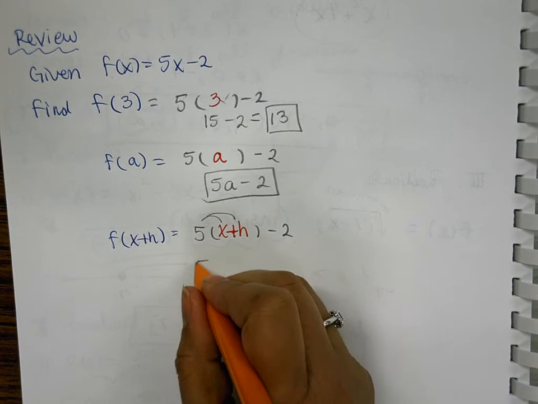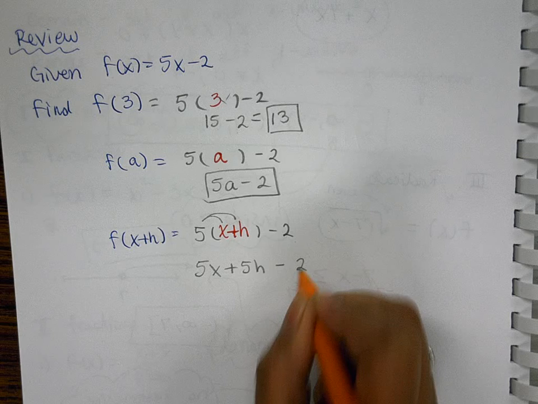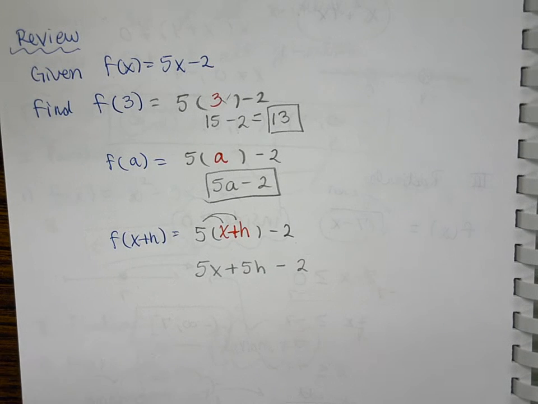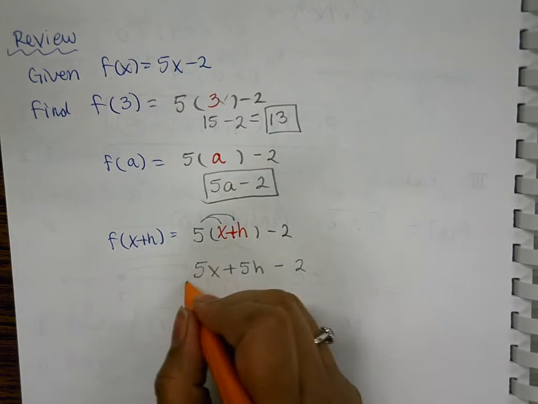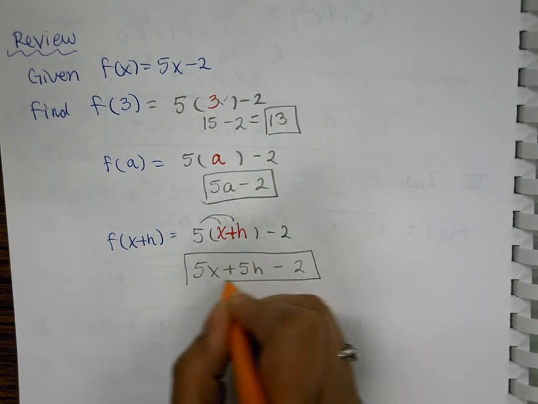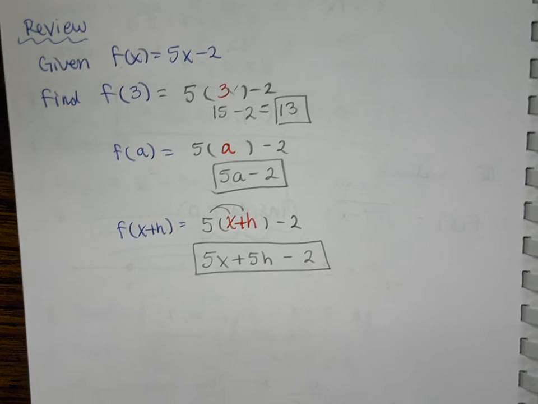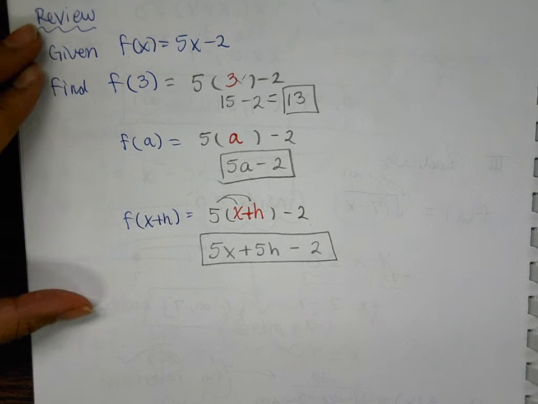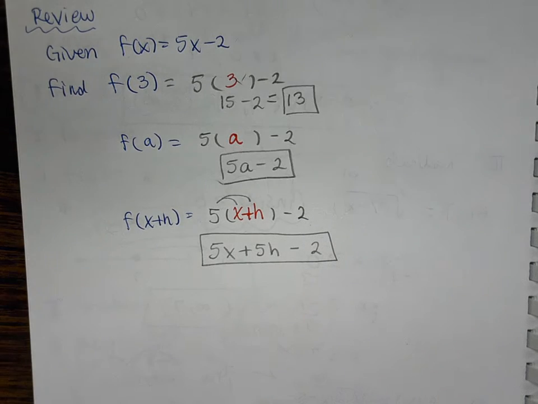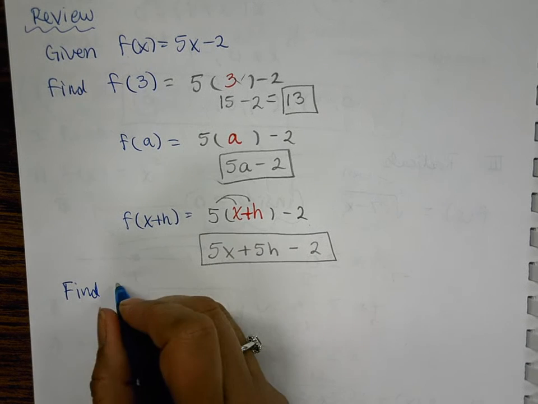What can be done with the 5? Distribution, 5x plus 5h. Take away 2 because 2 is on its own by itself. And are there any like terms? No, there are not. This is your answer: 5x plus 5h minus 2. All right, this is review. You did these last year, so just a quick review of stuff you've seen.